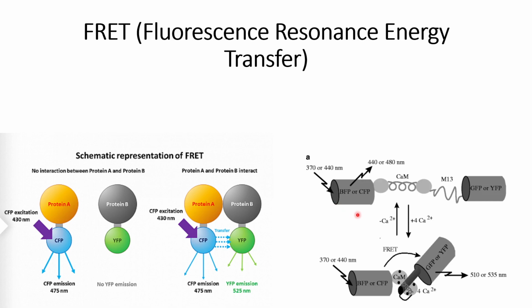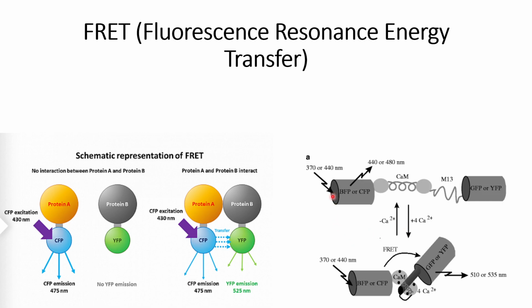Let us first understand what problem FRET is addressing. FRET is able to detect the calcium levels within the cells or within the organelles. Before FRET, it was difficult to identify the calcium levels in the cells or in the organelles because of many reasons. We will not go into those reasons.